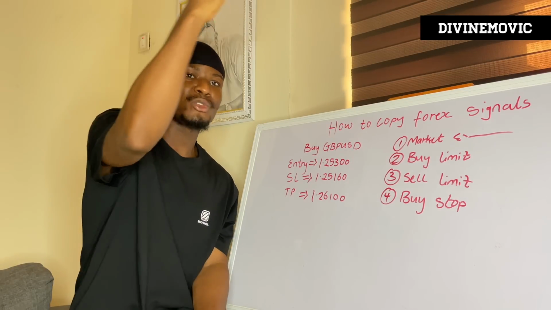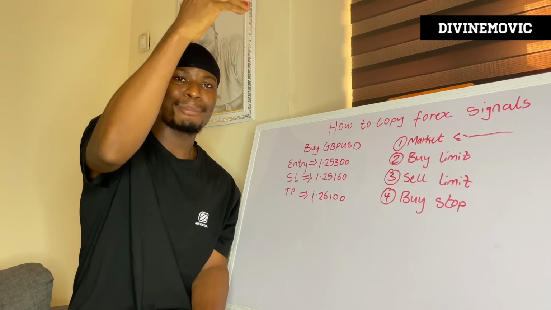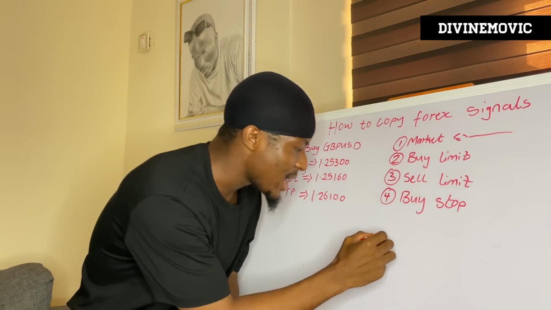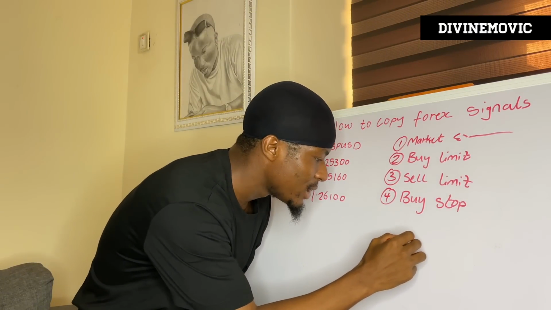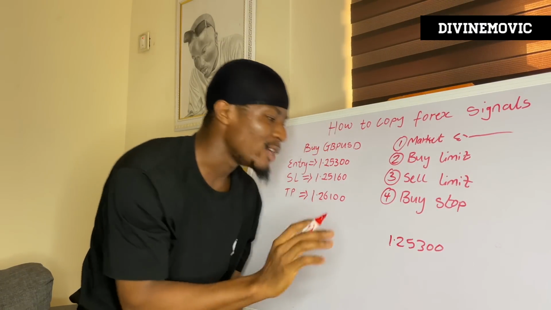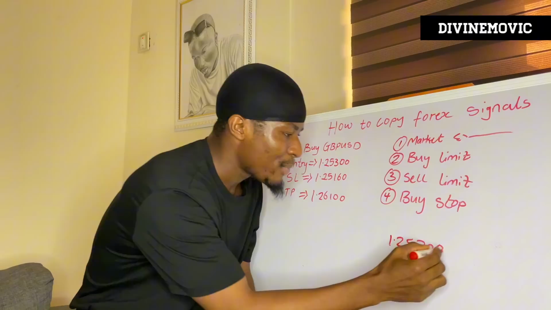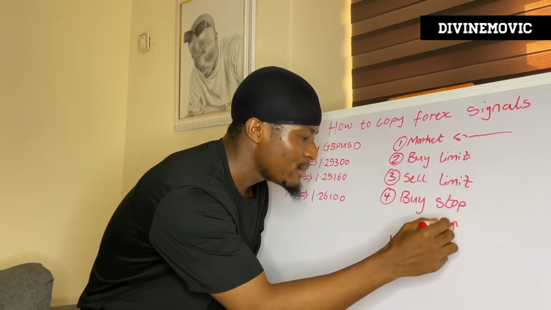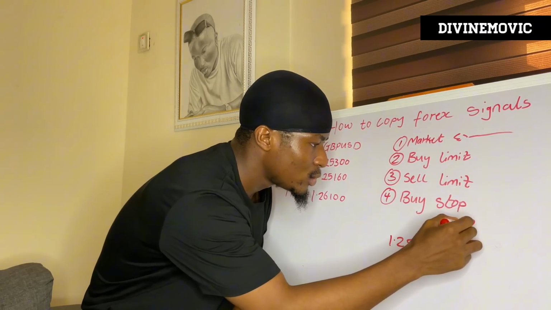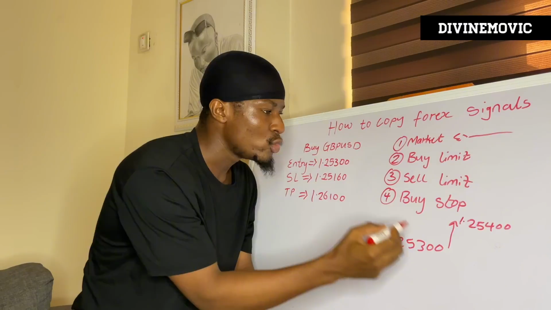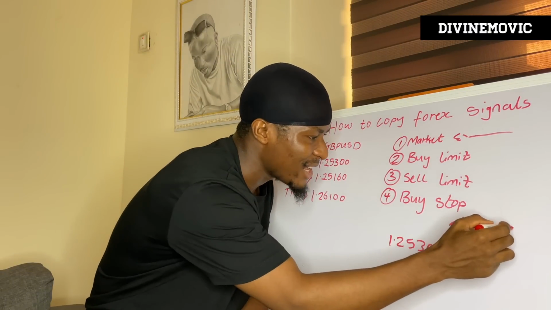If price goes higher to this point, I'm likely going to hope that price is going to go even higher. For instance, if price is currently at 1.25300 and you want to buy, you want to simply wait for price to go up above this point, maybe to 1.25400, and say, okay, I'm going to buy if price eventually comes to this place.